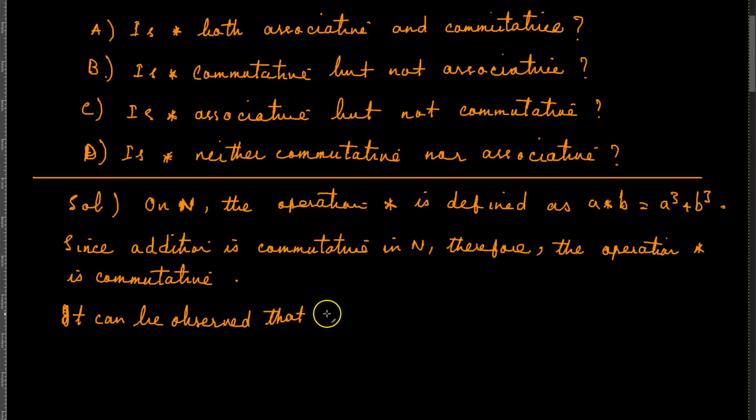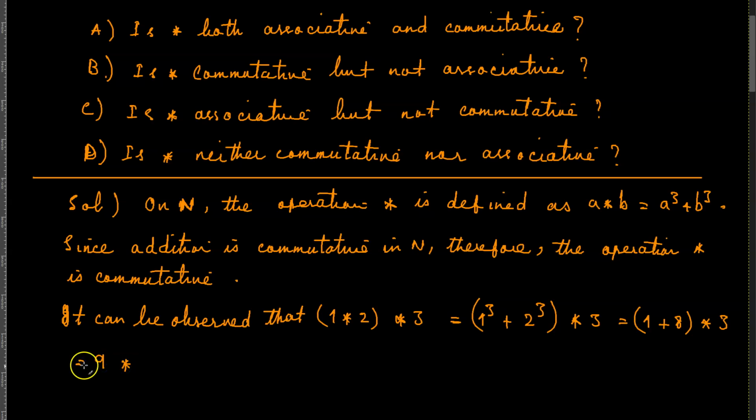(1 star 2) star 3 is the same thing as (1 cube plus 2 cube) star 3, which is the same thing as (1 plus 8) star 3, which is the same thing as 9 star 3, which is the same thing as 9 cube plus 3 cube.